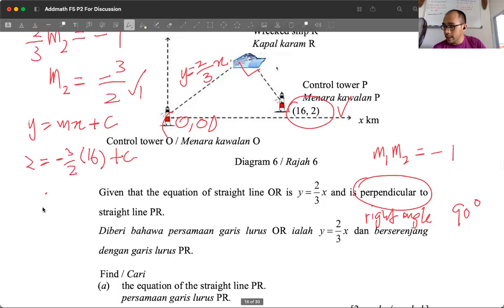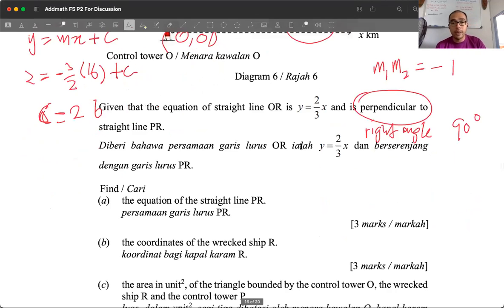So you will get c equals 26. Therefore, the equation of the straight line PR is y equals negative 3 over 2x plus 26. So c equals 26 is one mark, then the final equation of the straight line is one mark.